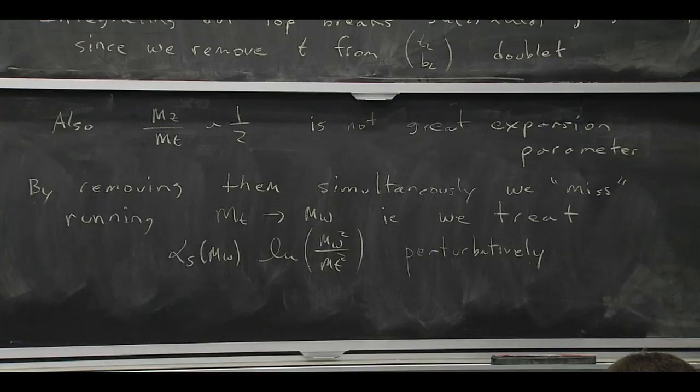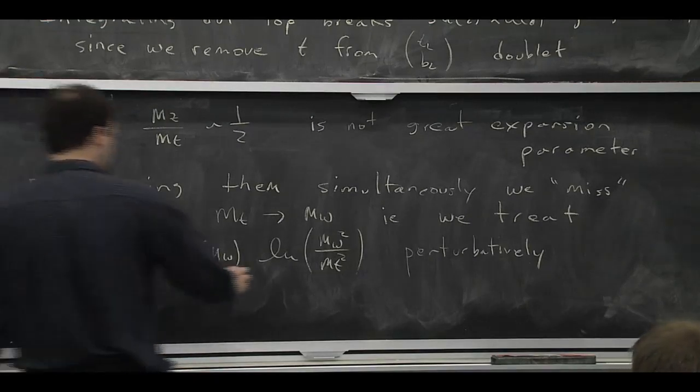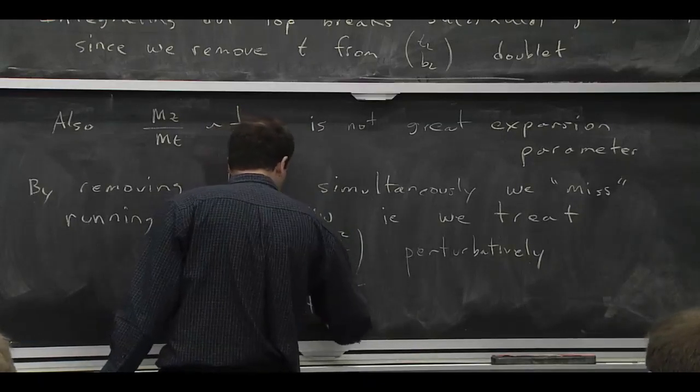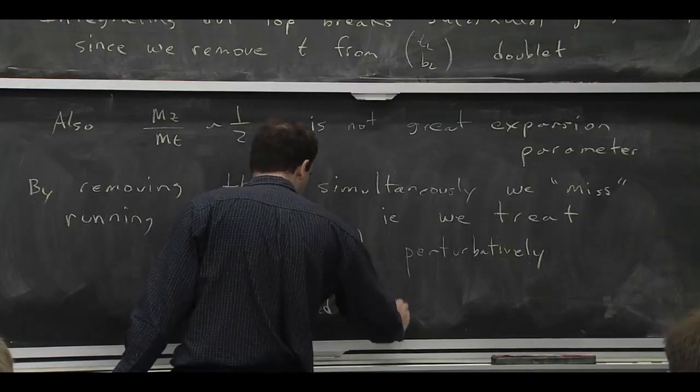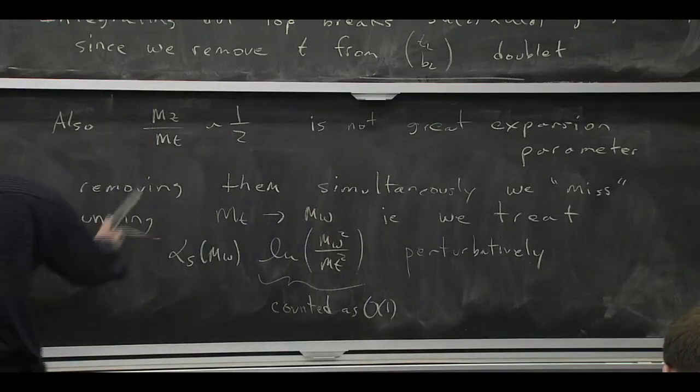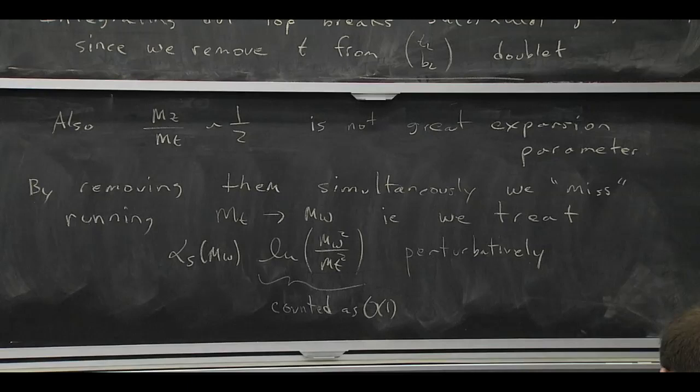You're thinking of it just as order 1. OK, so that's the cost, which is not a big cost, especially when you say that the cost of going the other way would be expanding in a half. Better to take the cost in the logarithms than in the expansion in the half.